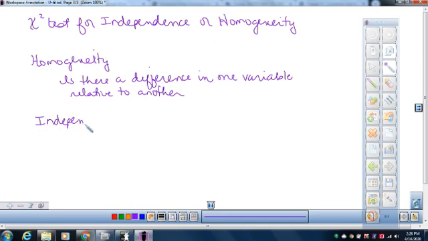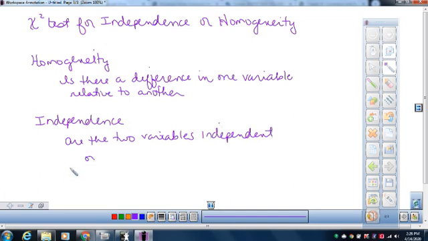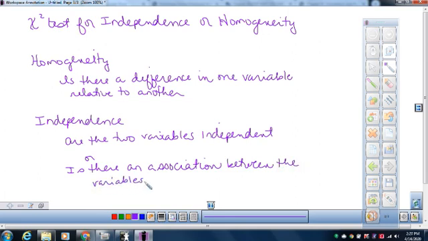Independence will say, are the two variables independent, or is there an association between the variables? So, two different names for the test.